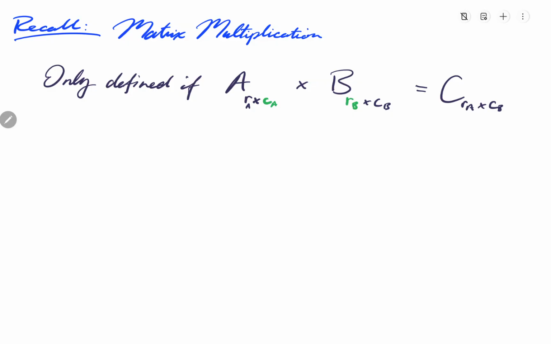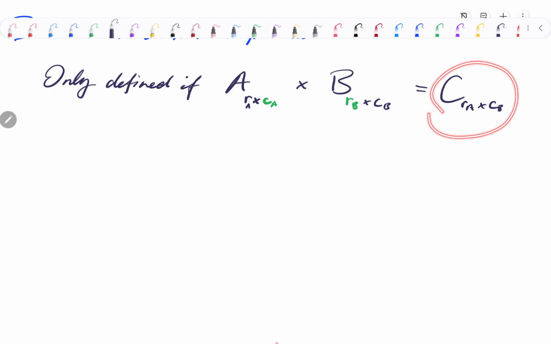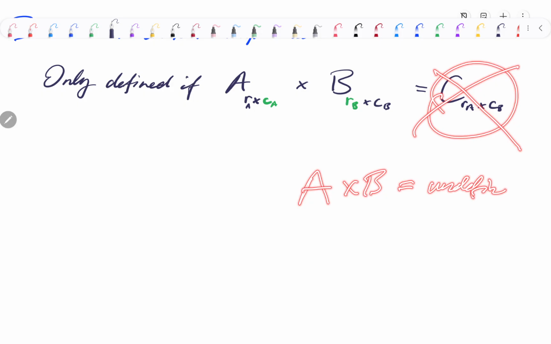Otherwise, the answer here, which will be, let's call it C, will not be able to be defined and will not exist. So that means A times B will be undefined if this does not hold true. Okay? So that's one thing to hold in mind.